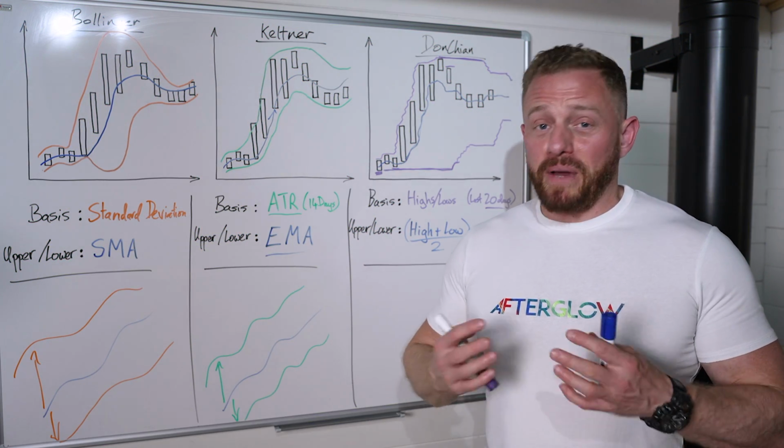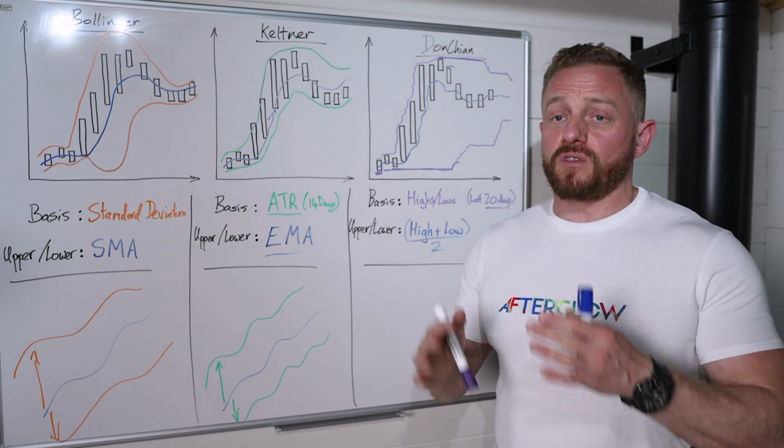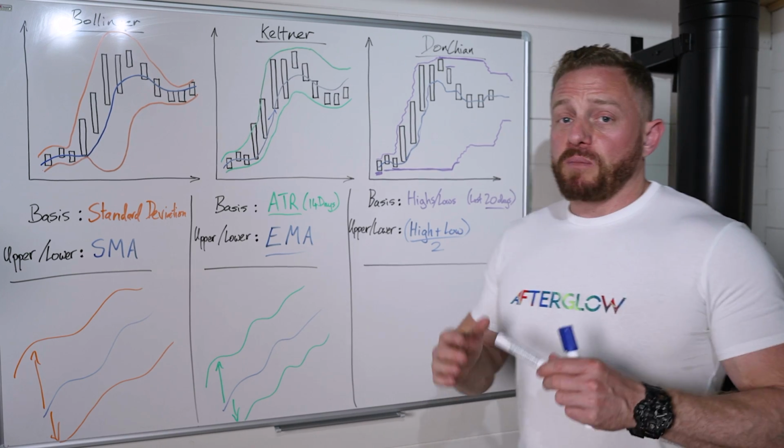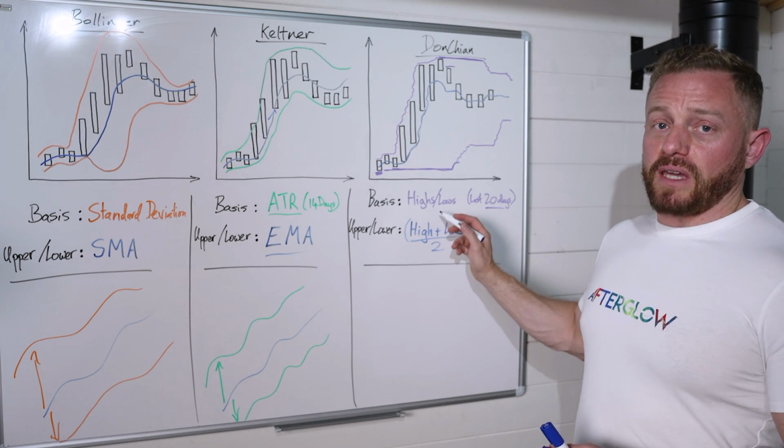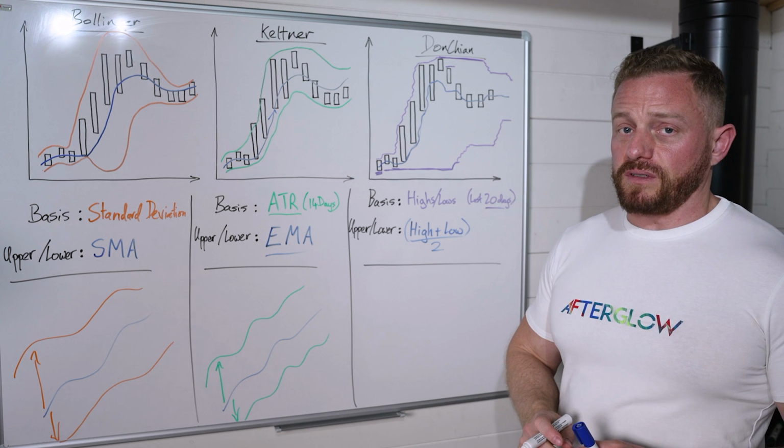The Donchian Bands logic is perhaps the most simple of the three, because this just looks at the highs and lows of the candles over the last 20 days.